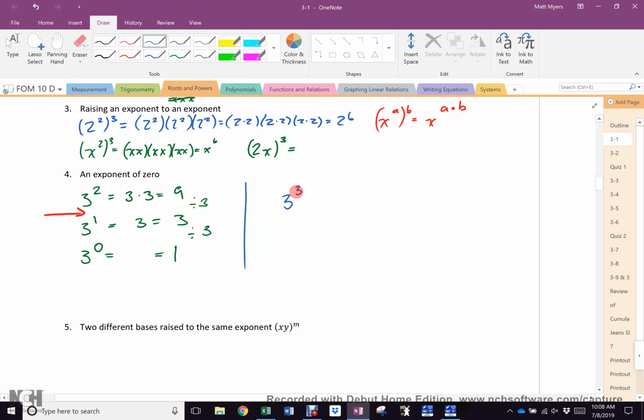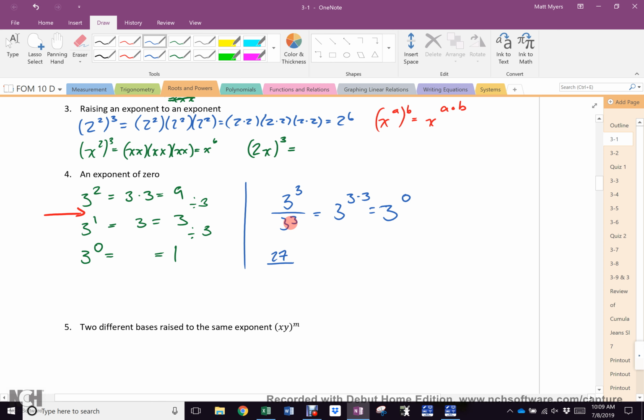3 cubed divided by 3 cubed. What are you supposed to do with the exponents when you divide? Subtract. So isn't that 3 to the 3 minus 3, which is 3 to the 0, correct? Well, isn't 3 cubed 27?